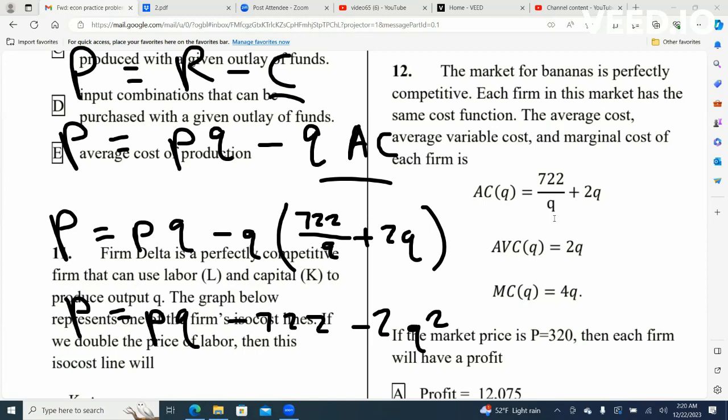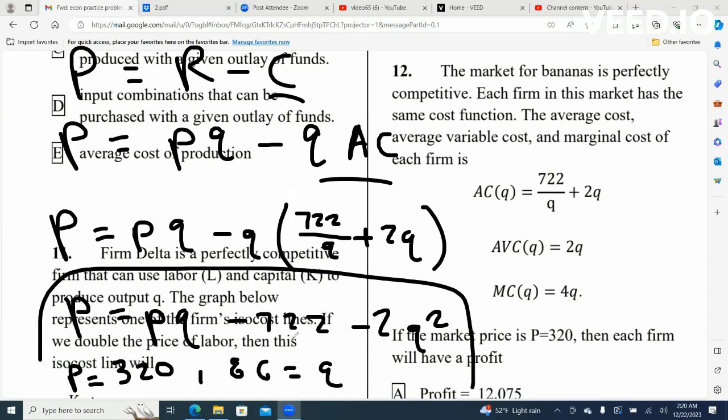Remember, price is going to be 320, where Q is going to equal 80. If we plug in 80 for Q and 320 for price, then the total profit is going to equal, I get 12,078.